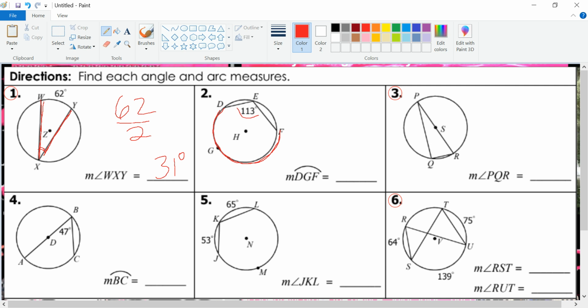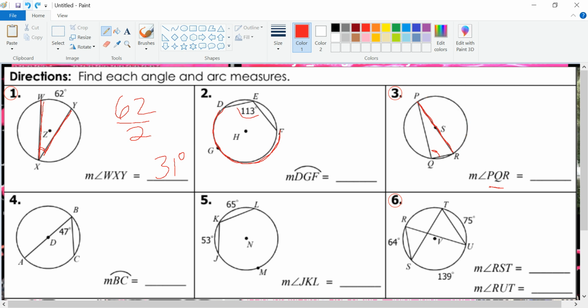On question number 3, you're looking for angle PQR. Angle PQR is this angle right here, centered at Q, because that's the middle letter. But remember, another thing we learned is that if you have a diameter as one of your sides, one of the chords, then you have 180 degrees on the outside here.